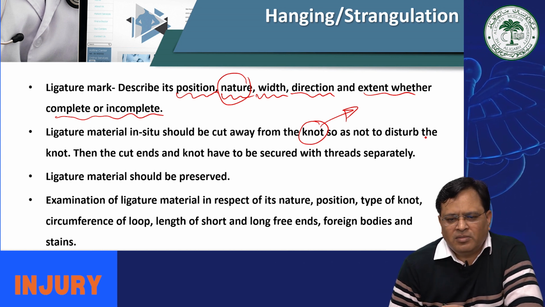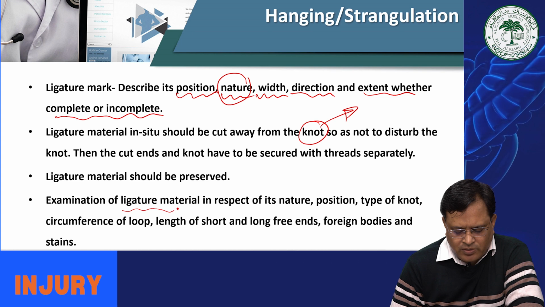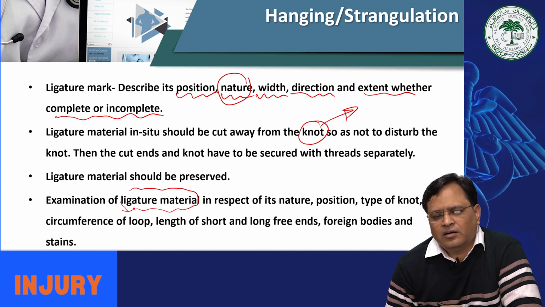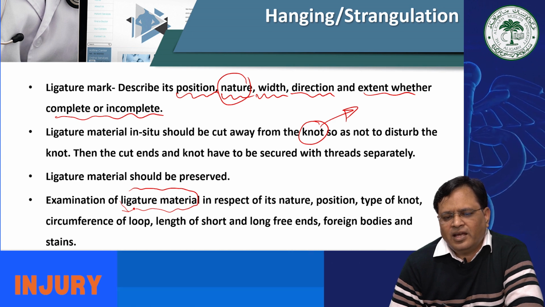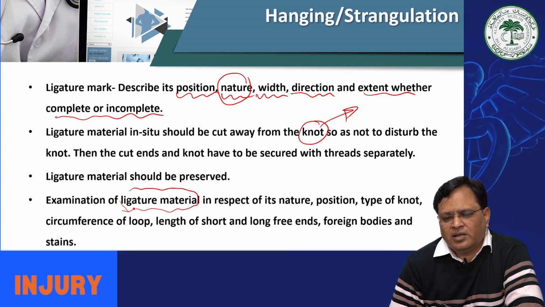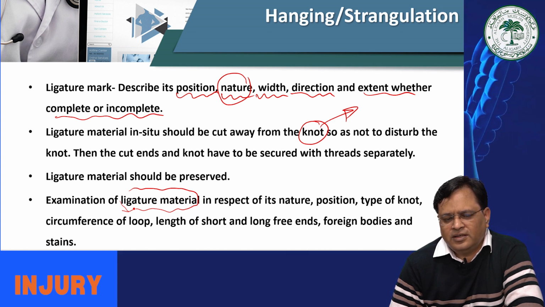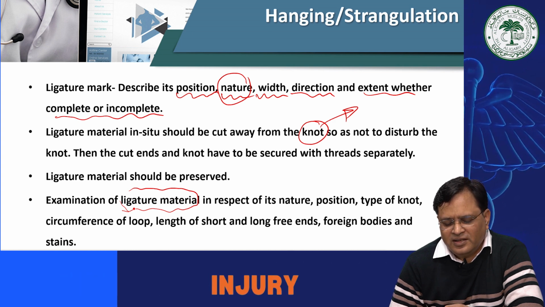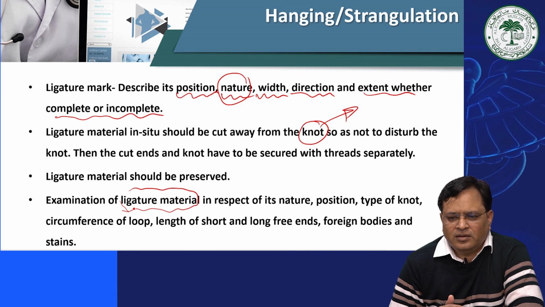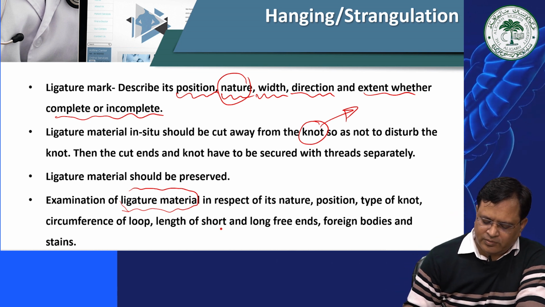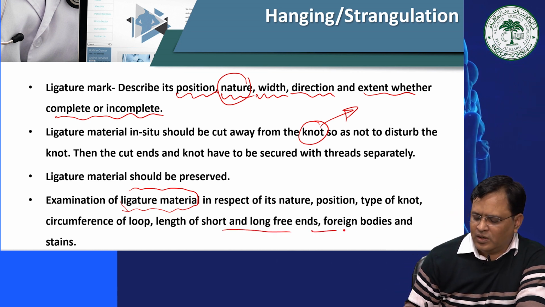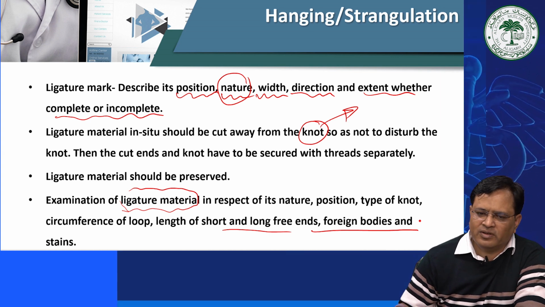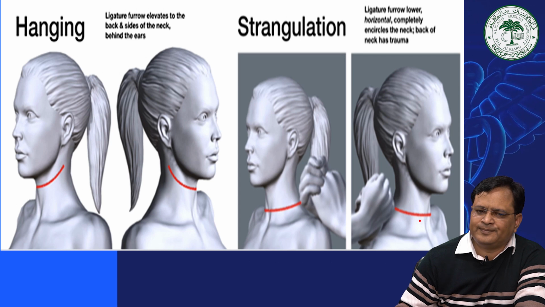Examination of the ligature material should be done, and it should be given to the forensic science lab, and they can examine its elasticity, its fiber, its various nature, its strength, and come to certain conclusions. So it is the FSL part, but we should be aware that the material should be preserved.